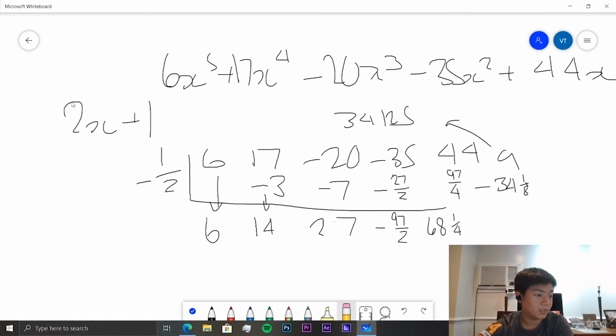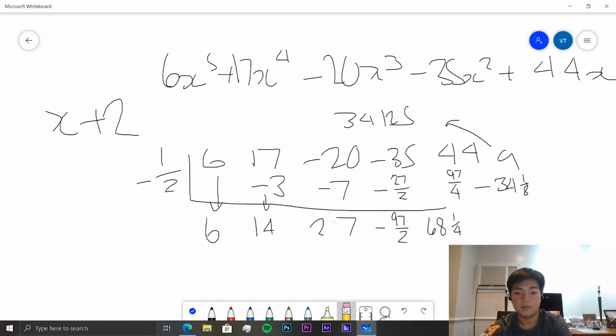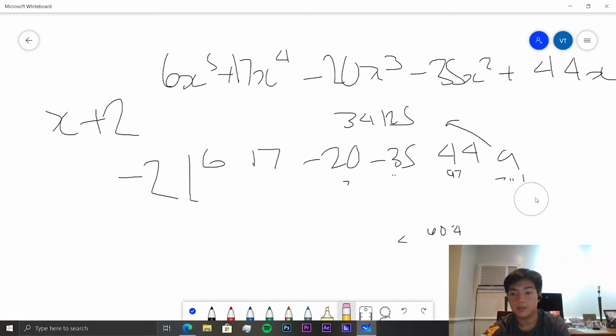So we were supposed to be dividing by x plus 2, not 2x plus 1. My bad. So what we actually have here is a case where we have negative 2 there, and we need to rewrite all of these numbers. So just erase all of that.